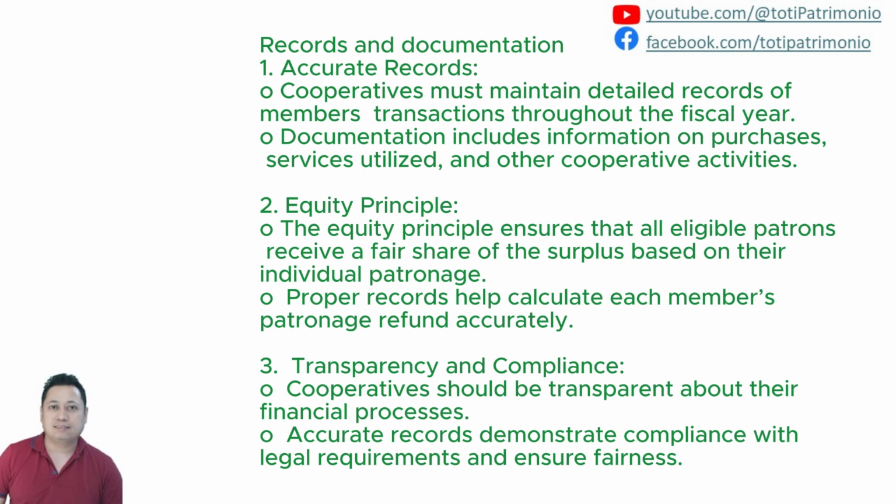In summary, maintaining accurate records and documentation is essential for identifying eligible patrons and ensuring profitable and equitable patronage refunds. So that's it for our topic in chapter 4 under the subsection on eligibility criteria.